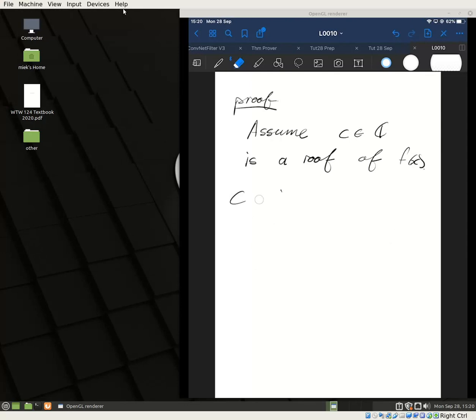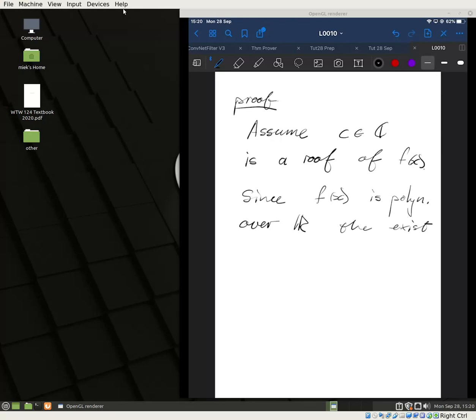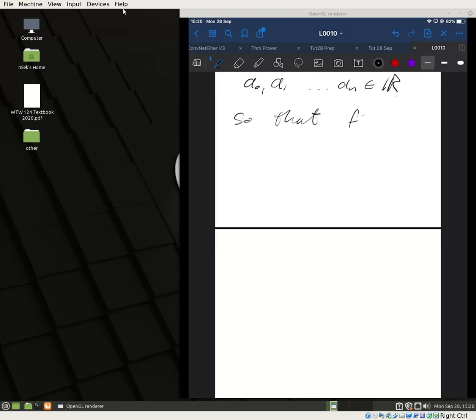So f is a polynomial over R. So since f(x) is a polynomial over R, there exist real numbers a0, a1, etc. up to an, so that f(x) is equal to an x to the power n plus etc. plus a0.